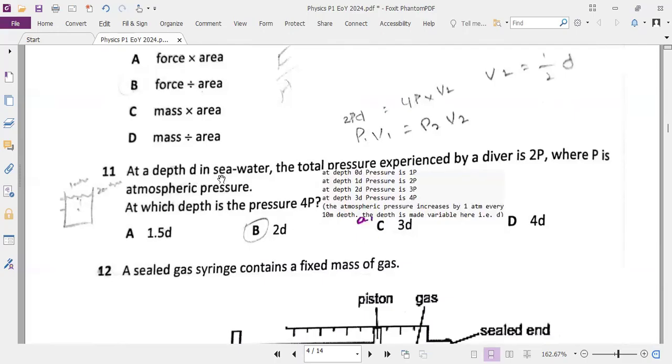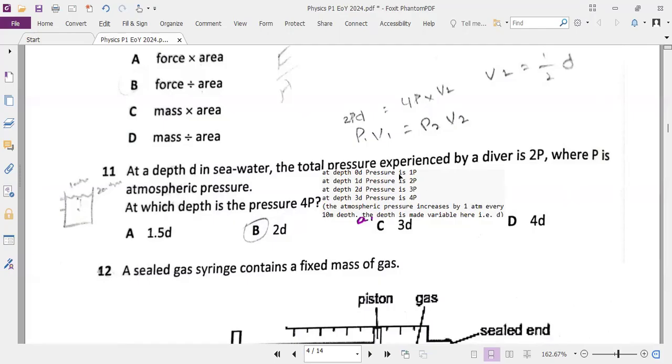At the depth D in seawater, the total pressure experienced by a diver is 2P, where P is the atmospheric pressure. At which depth is the pressure 4P? Look at this annotation here. We know that at 0, at the surface, the pressure is 1P, 1 atmosphere. When we go down 1 level, at D, the pressure is 2P.